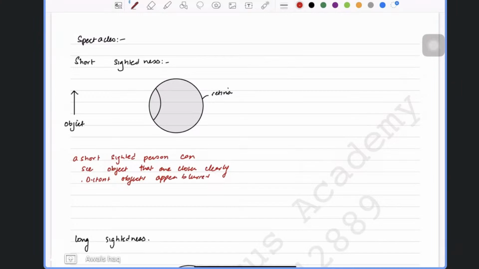So that's an issue. For example, the rays from this are going here and here. The eye bends them more than it should. So basically the image is not formed on the retina. So that's a big issue.